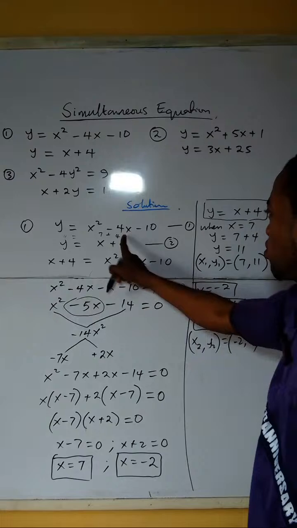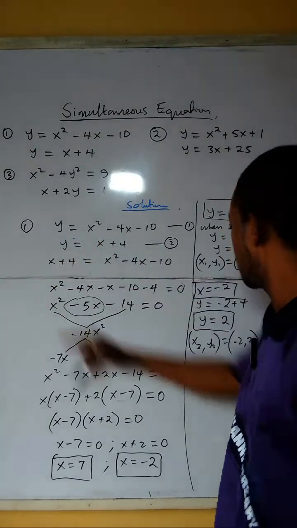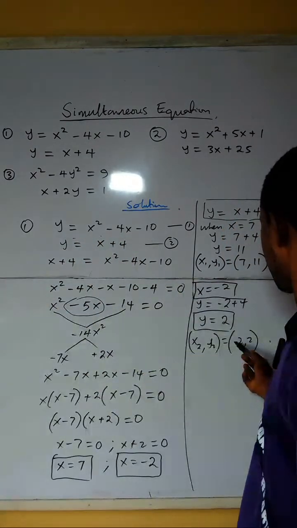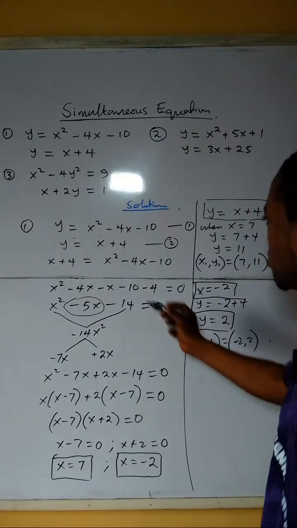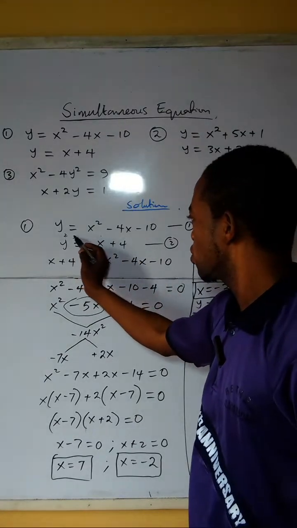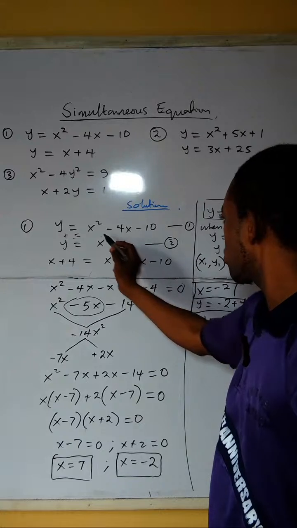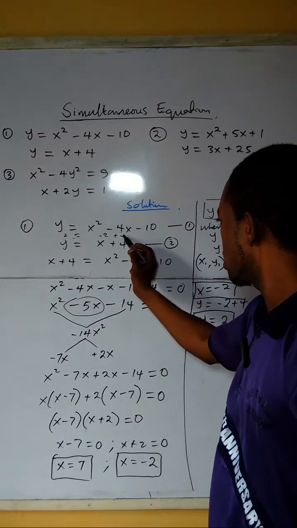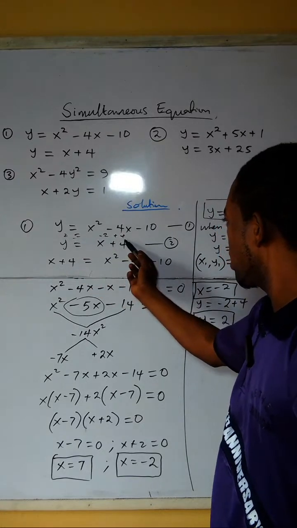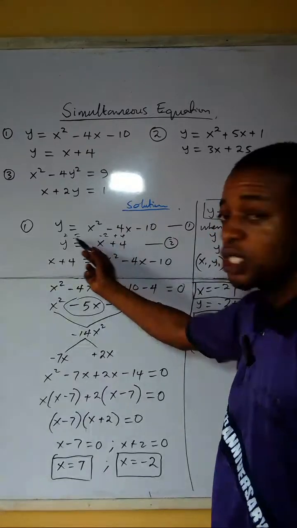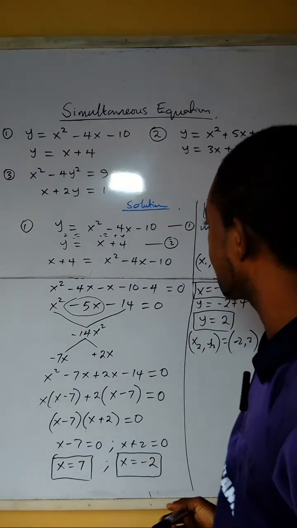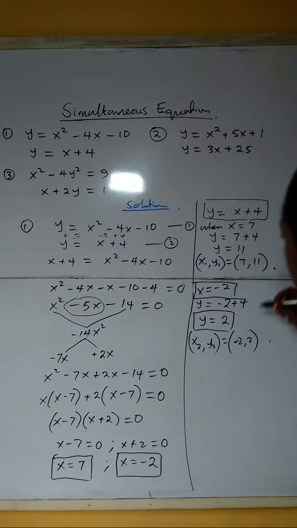Same thing when we use the second set of solutions, x is minus 2 and y is 2. That means 2 equals minus 2 plus 4. Minus 2 plus 4 is also 2, which equals 2 on this side. So that's the solution to the first question.